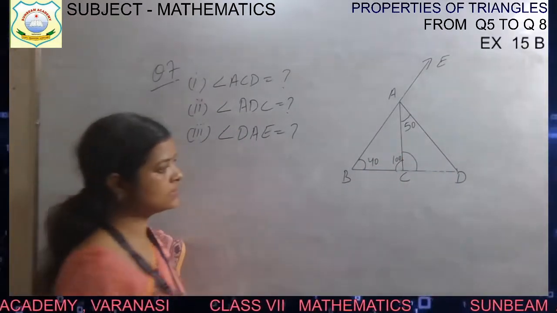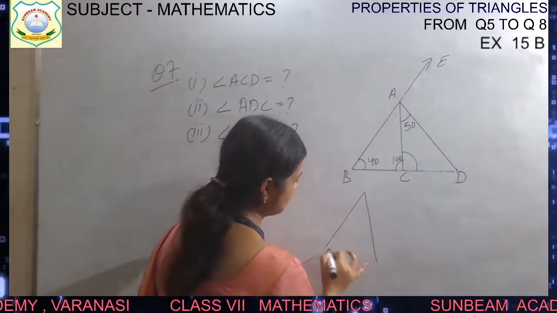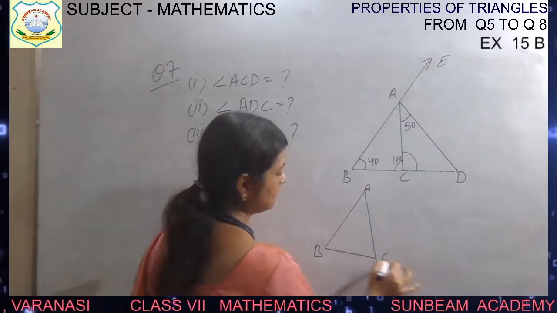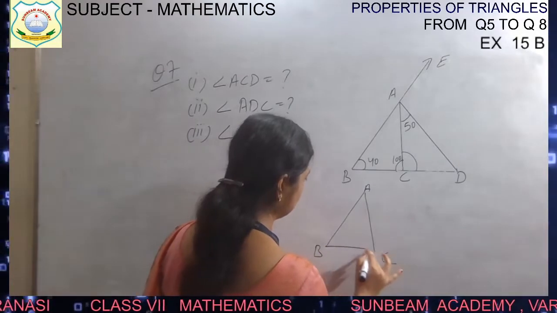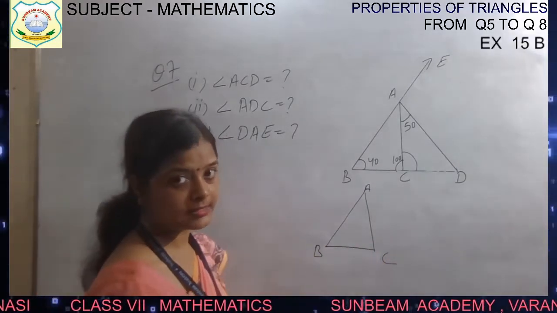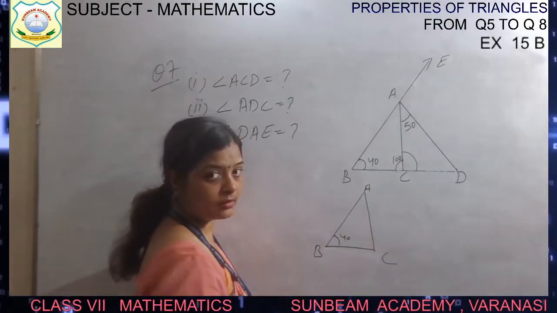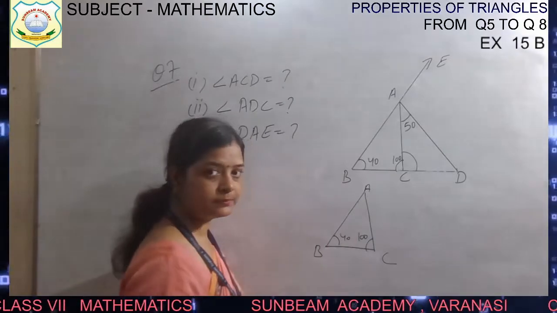And if you will see this triangle, only see the first triangle, pick the first triangle. Which triangle? A, B and C. Now I think it is clear. Yes, ABC. 40 degree, this angle is given and this is 100 degree. Can we find the third angle?